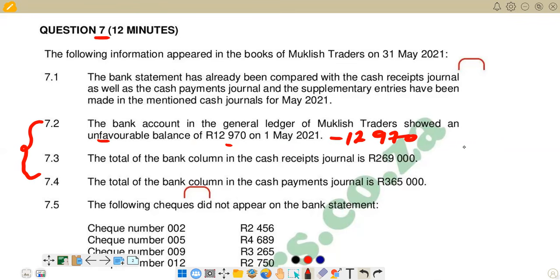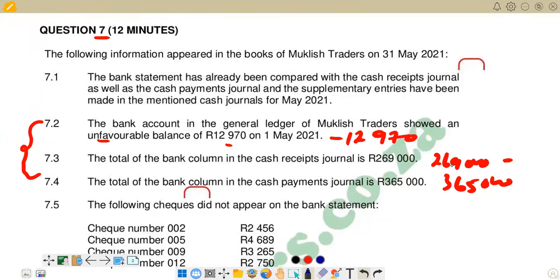To get the balance, we say positive 269,000, then we subtract the negative balance, which is 365,000. The answer we get, we add to the negative 12,970, so that we get the integrated balance of the bank account in our ledger.